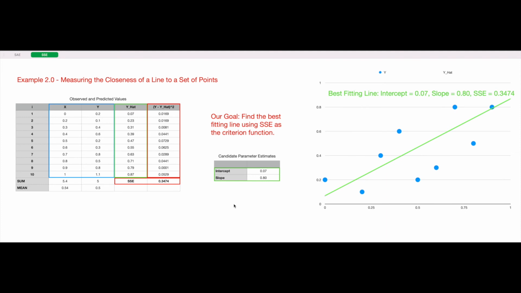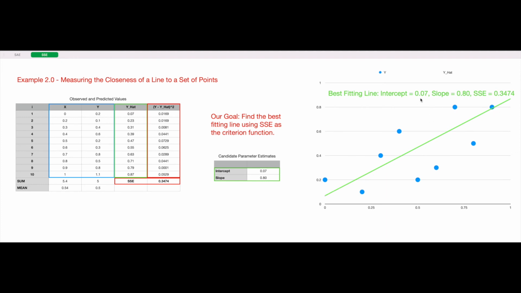Okay, so we fit two lines to our data, one line for each of our two criterion functions. This line here is the least squares line, or appears to be, based on our visual fitting, along with looking at the value of SSE. This would be called the least squares line, or the least SSE line.